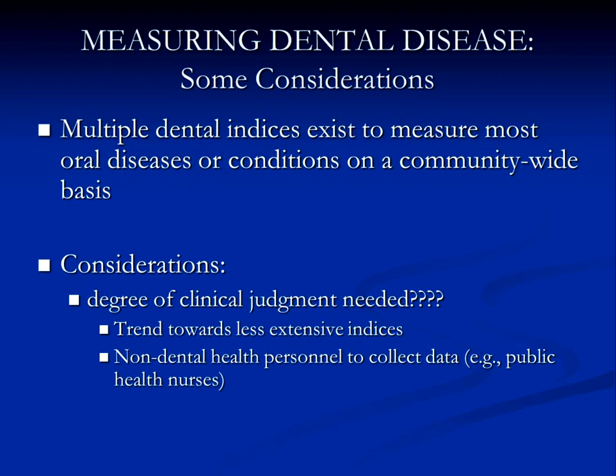So you don't want a public health nurse to use an index that would require somebody to use a probe to collect data, because that public health nurse has never been trained on how to use a probe. So typically those researchers would pick another index that was more appropriate to their research team.